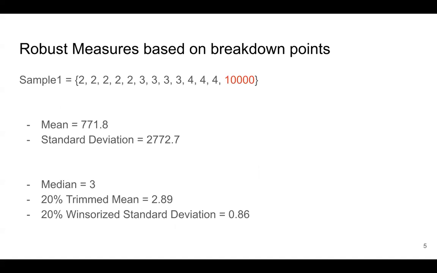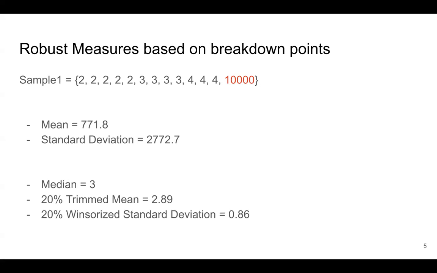So based on the breakdown points, let's talk about the measures. It's a different sample now. There are 5 2s, 4 3s, 3 4s, and then 1 10,000. So obviously that 10,000 is now our outlier. The mean is 771, and the standard deviation is 2,772.